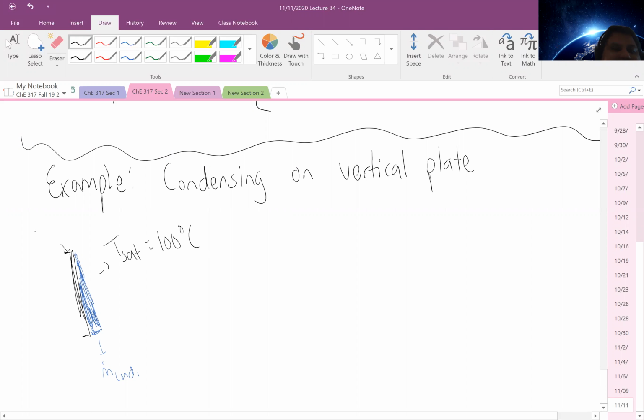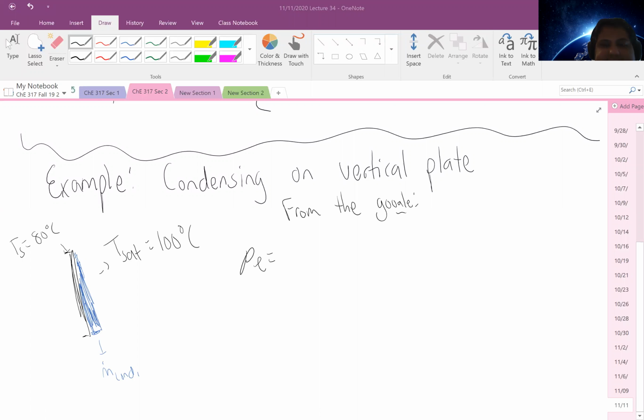The surface temperature of the plate is maintained at 80 degrees Celsius. And to identify the solution for this problem, I'm going to need to know quite a bit about steam at atmospheric pressure and 100 degrees Celsius. So from the Google, density of my liquid is approximately 965 kilograms per cubic meter.